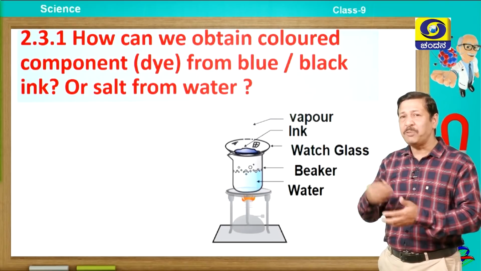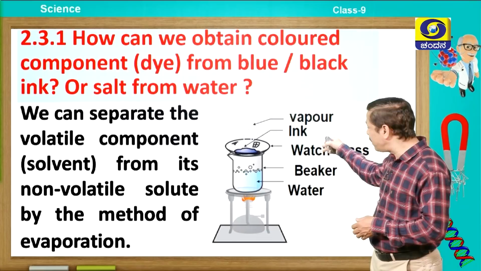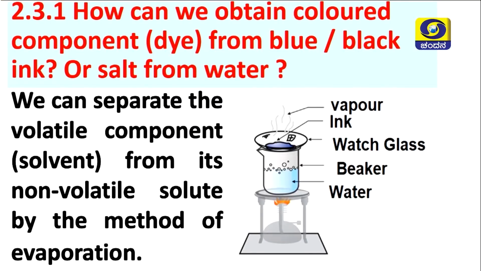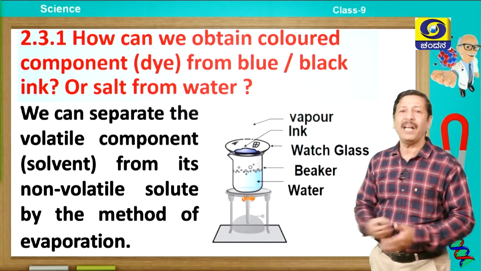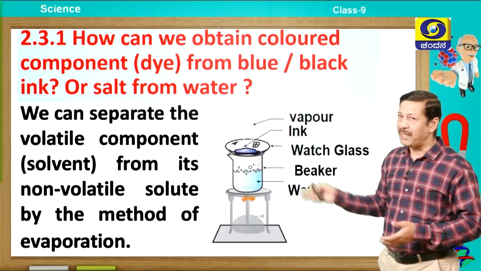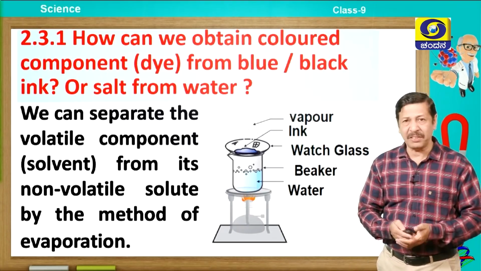Then gradually water vaporizes, leaving behind the solid solute. That is the method called evaporation. Now we can separate the volatile component from its non-volatile solute by the method of evaporation. This is the evaporation method, right?